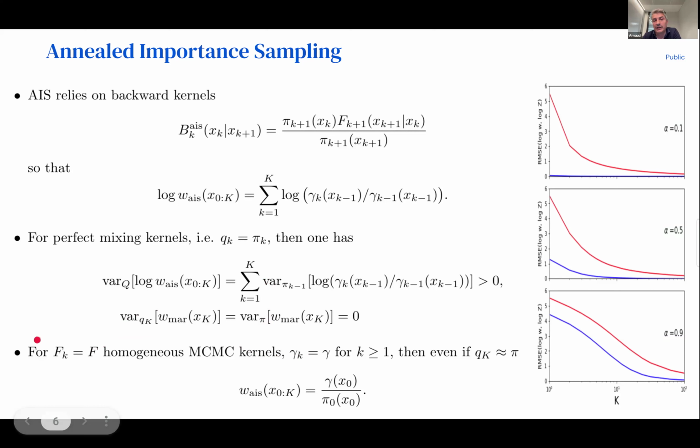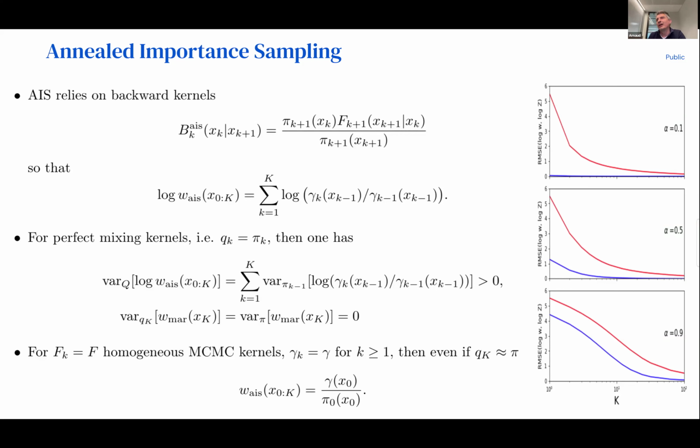Another thing that is perhaps even more traumatic about annealed importance sampling is the following point. To obtain a sample approximately at time K from pi, we run this non-homogeneous Markov chain, starting from pi naught, and then we try to move from pi 1, pi 2, and so forth.